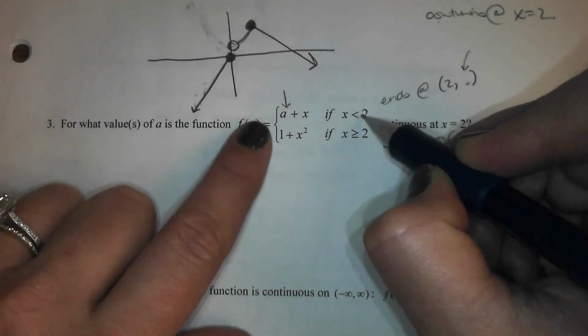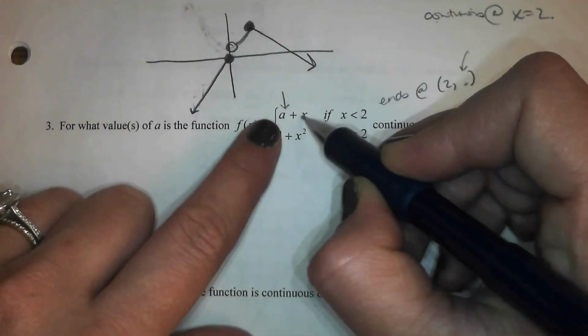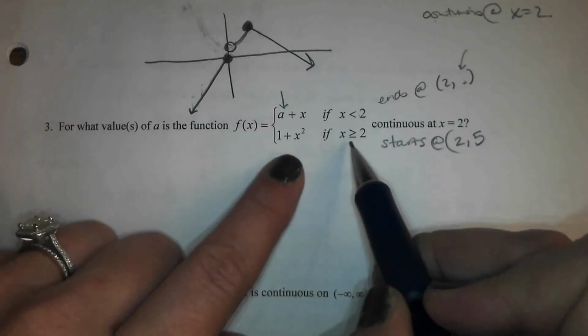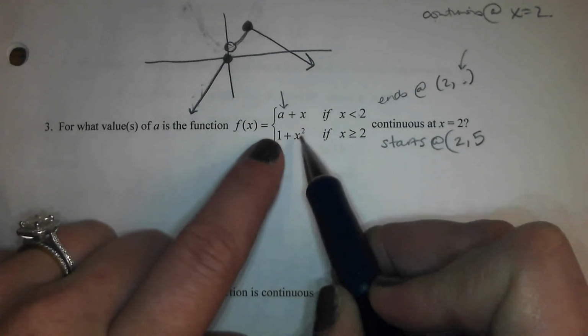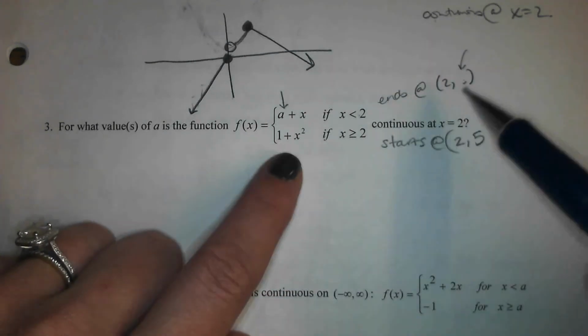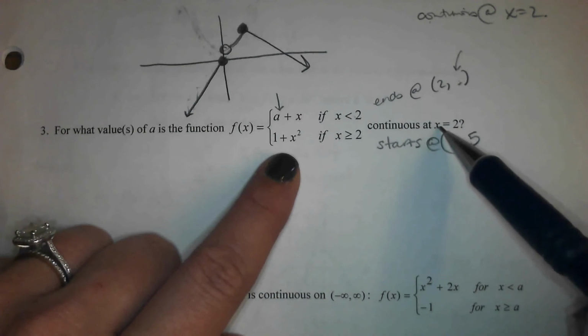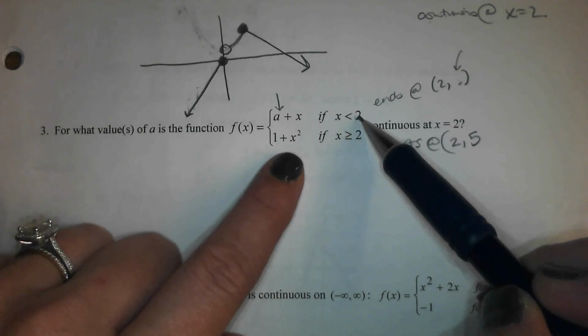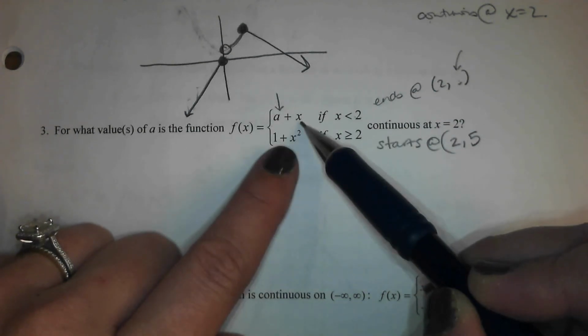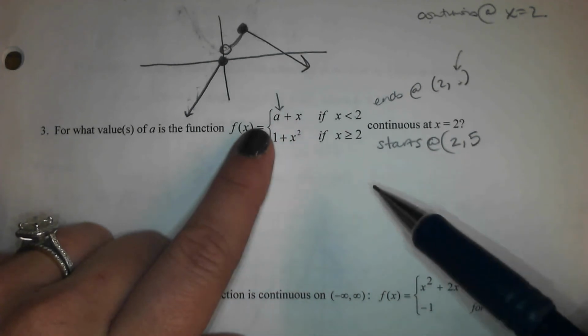So when we plug a 2 in for our x up here, this one, 1 plus 2 squared. Okay? So this one, we want that to be a 5 if we're going to keep it continuous there. So when we plug in a 2 up here for x, we want that to still equal 5.